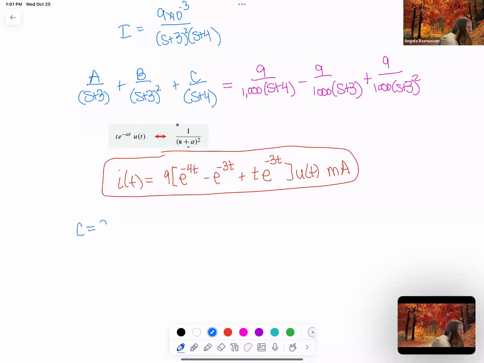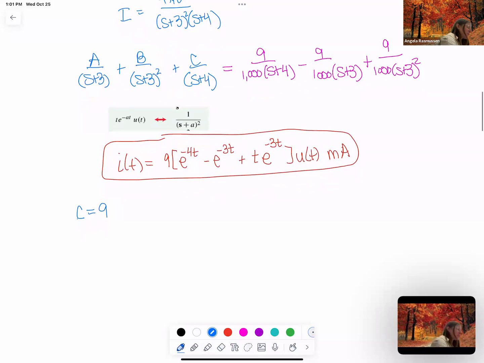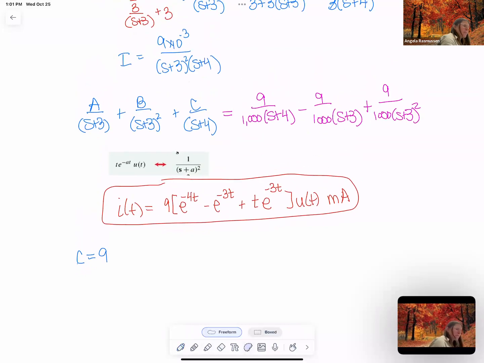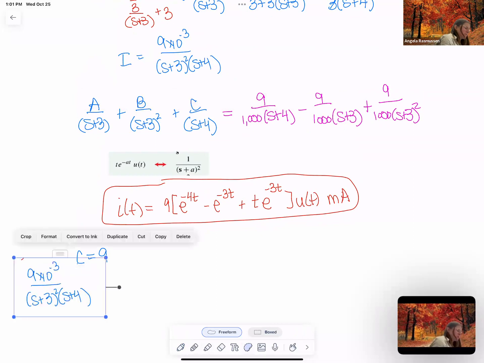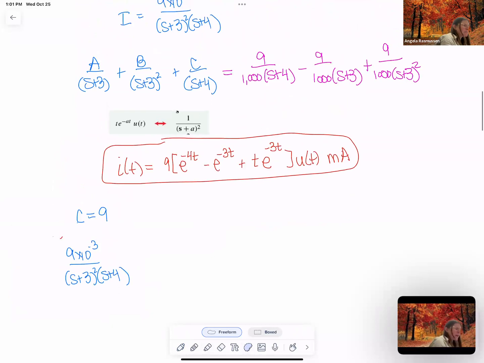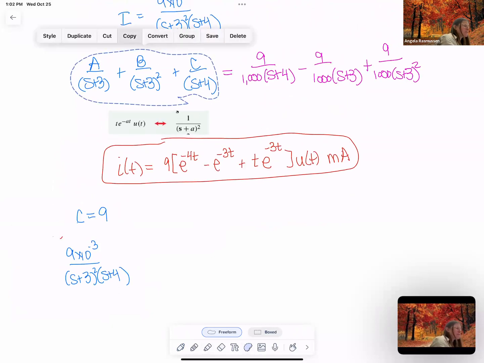Okay. So solve first for C, and you get C, and then you can solve for, I think, B. Copy this down. So when you multiply, bring this down too.